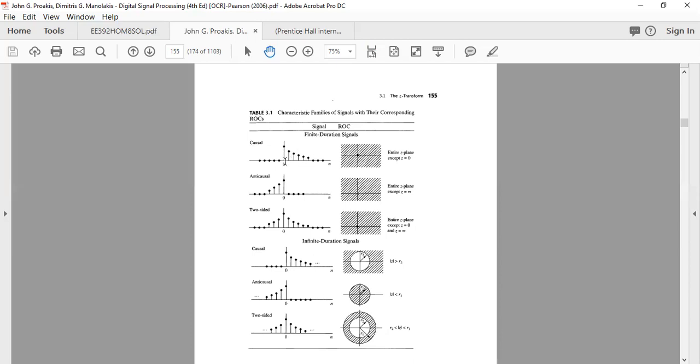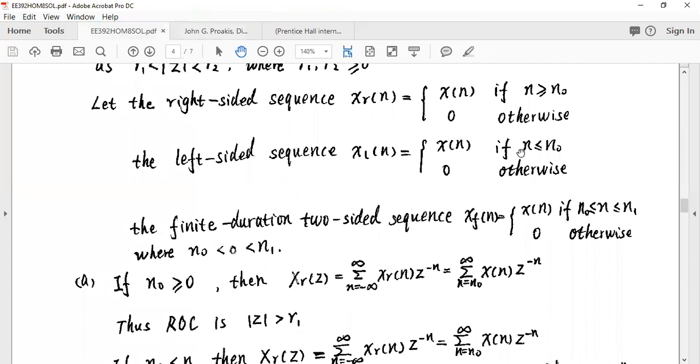So your sequence could start from here, or it can also start from here, as long as it falls on the right-hand side of the plane. That is why we are considering n naught greater than or equal to 0, so n naught could be any value as long as it is greater than 0.